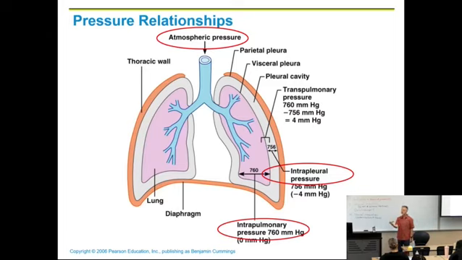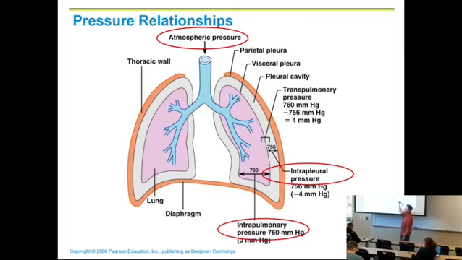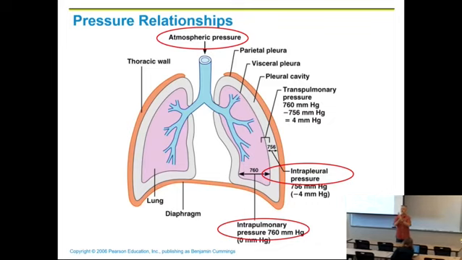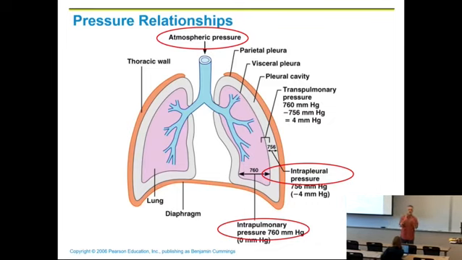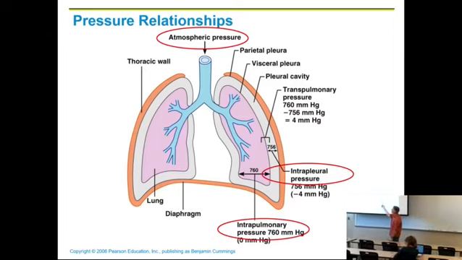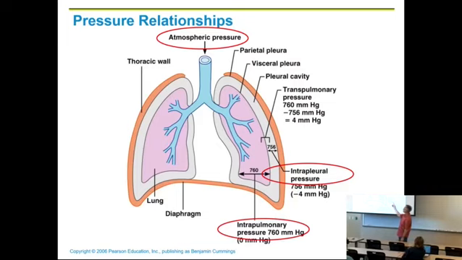Why are they important? So we said that intrapleural pressure, which is occurring in the pleural cavity, right, between the wall of the lung and the wall of the cavity, is creating that suction, sticking the wall of the lung to the wall of the cavity, so that when the muscles move the wall of the cavity, the lungs are going to follow suit. They're going to be stuck to it and they're going to follow suit. So we can see those numbers, right? These are pressure numbers. It says 756 millimeters of mercury.